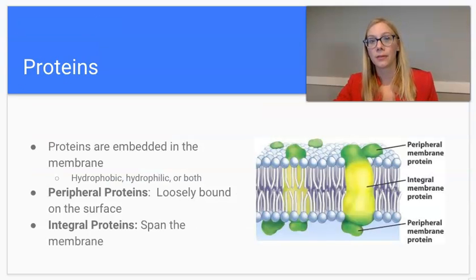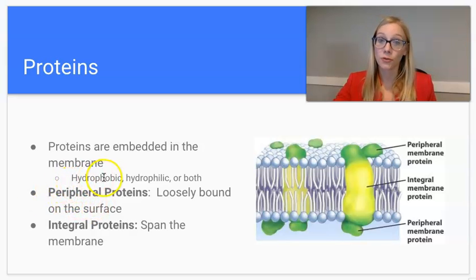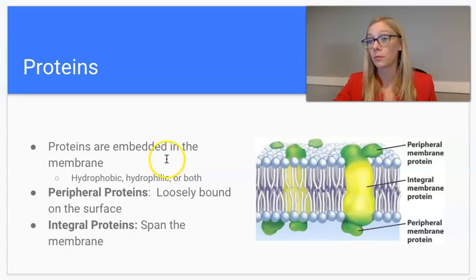In our phospholipid bilayer, there are also these things called proteins, and proteins can be embedded in our phospholipid bilayer in a couple of different ways. We can have hydrophobic proteins, hydrophilic proteins, or even both, the combination of the two. Peripheral proteins are going to be the ones that are just kind of on the outside.